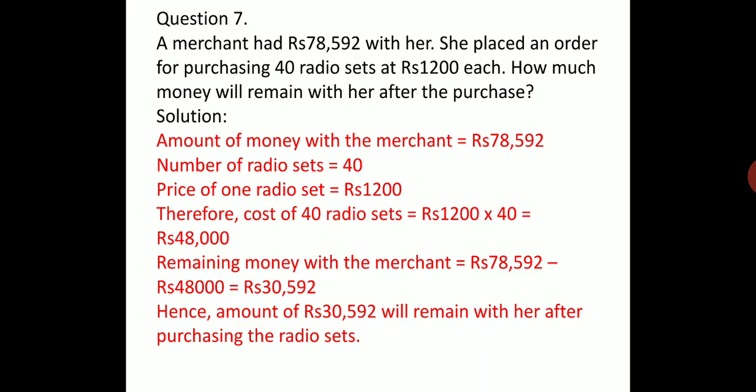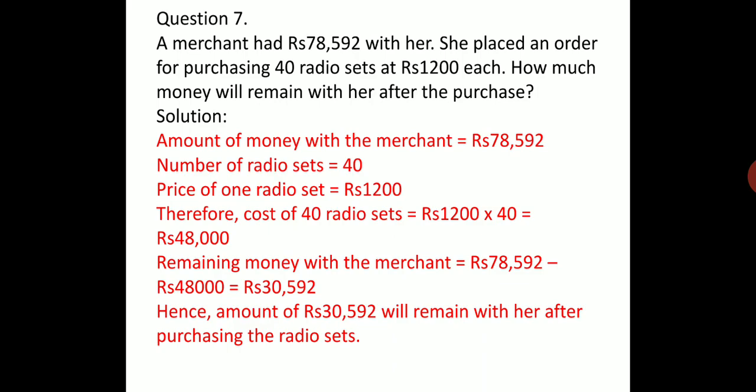And we will see it now in statement form. Amount of money with the merchant, you can see in the question, is rupees 78,592. Number of radio sets is 40. The price of one radio set is rupees 1,200.